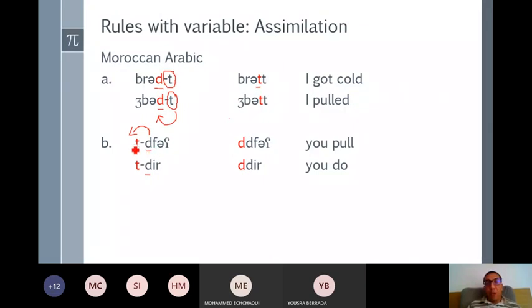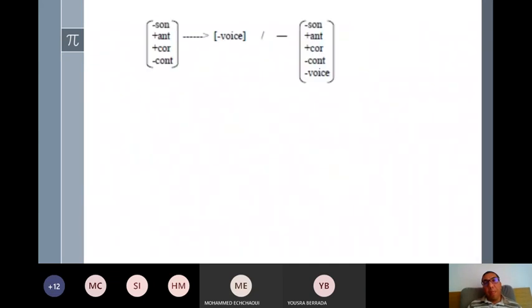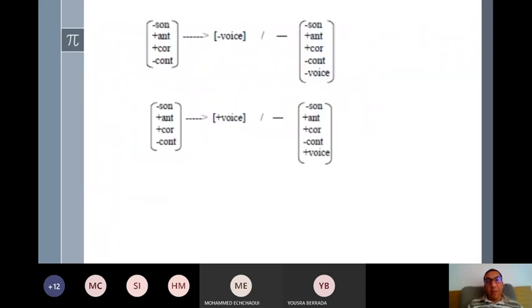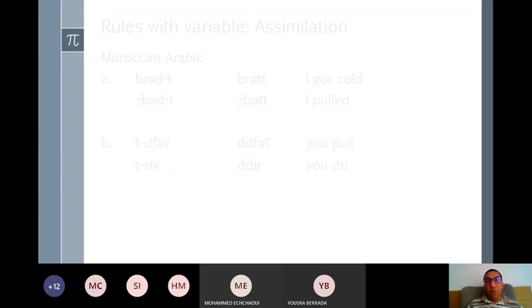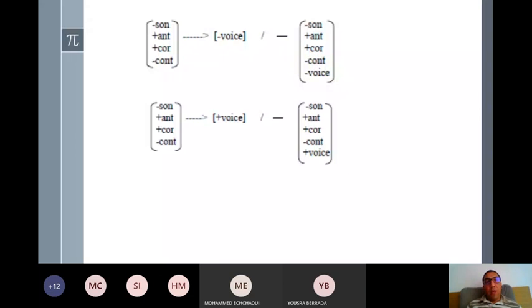So in order to formalize this rule of voicing, we can write two rules: rule A and rule B. The first rule is for devoicing, and the second rule is for voicing.